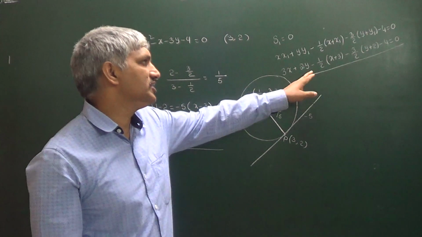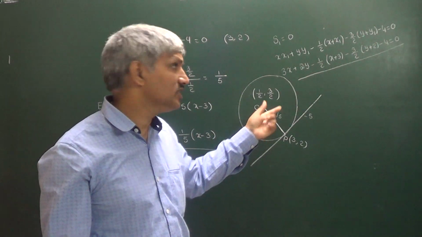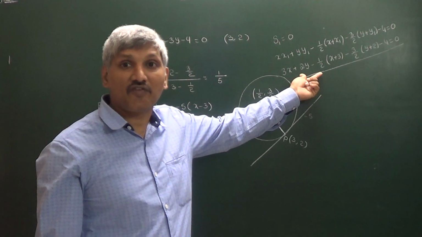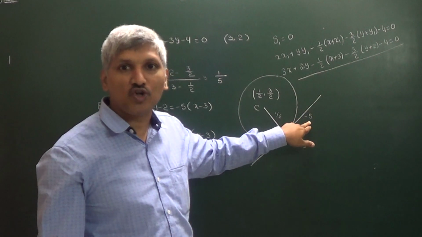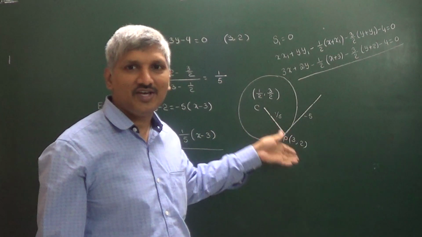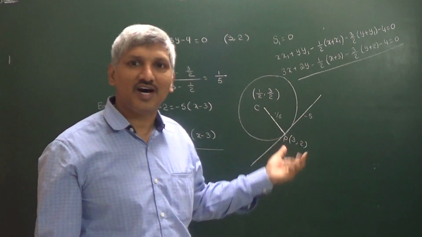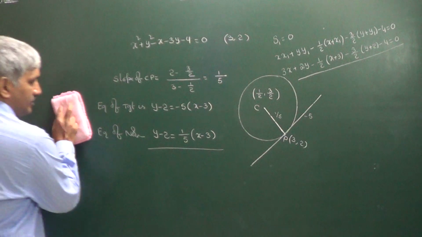Once we have the tangent equation, we can find the slope of the tangent, then the normal slope, and since the point is there, we can find the equation of the normal also, right? So that is the way of doing that particular question.